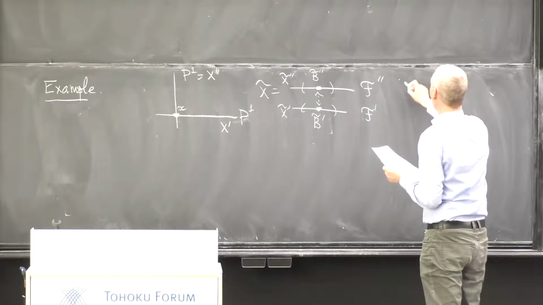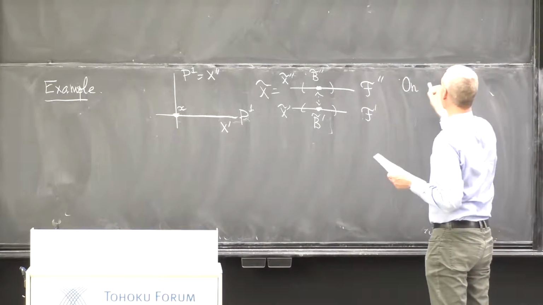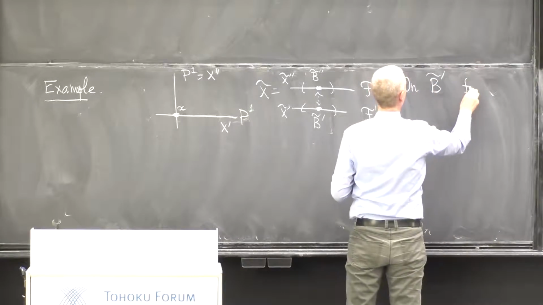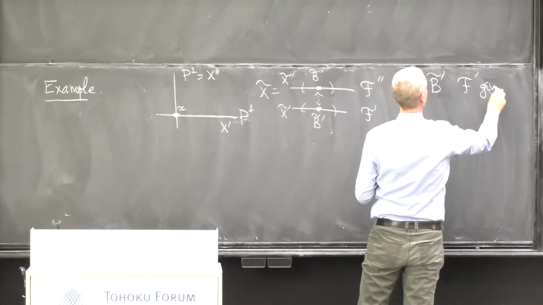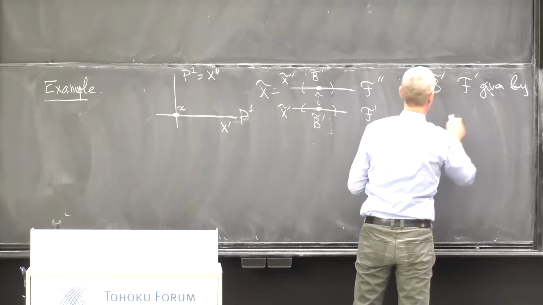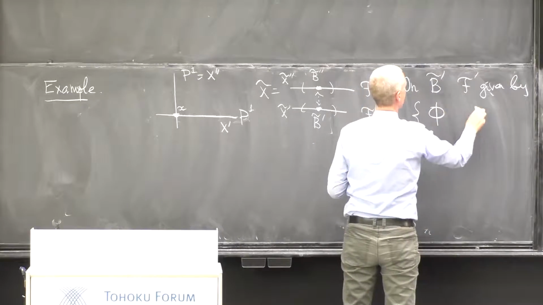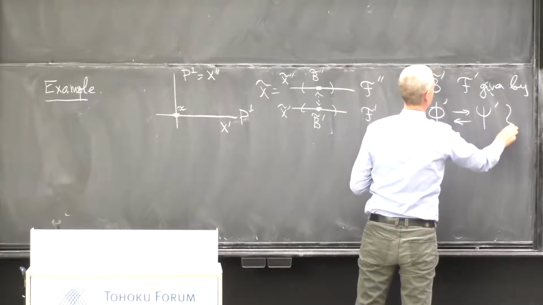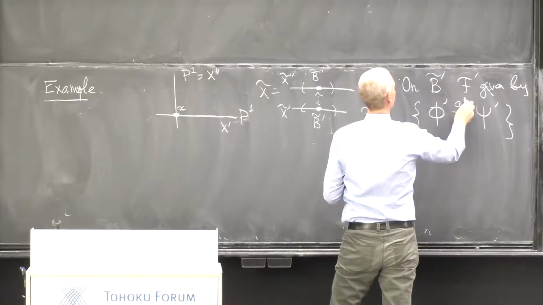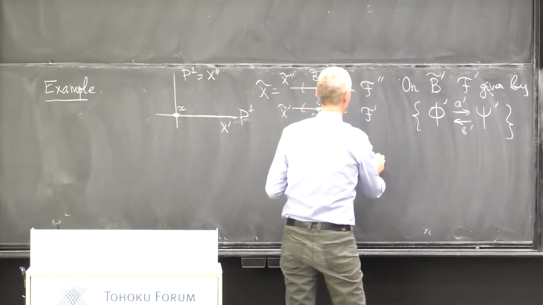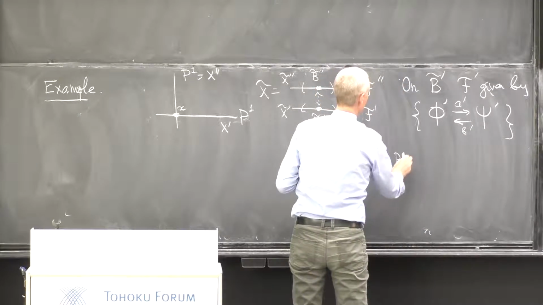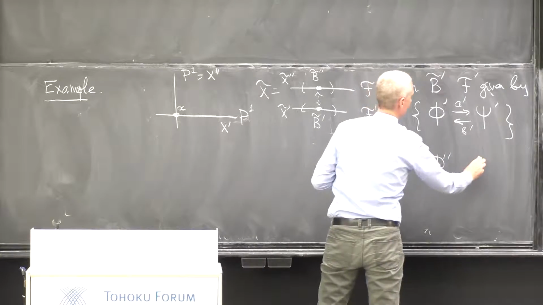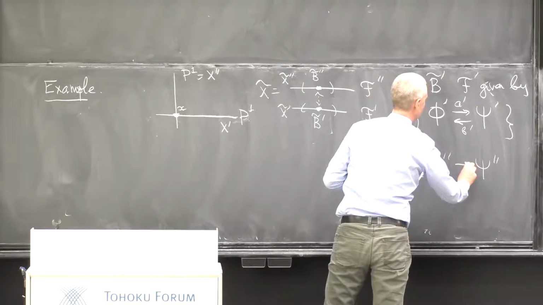On this disk b tilde prime, F prime is given by two maps, phi prime and psi prime. On the other one would be another pair, phi second, psi second.